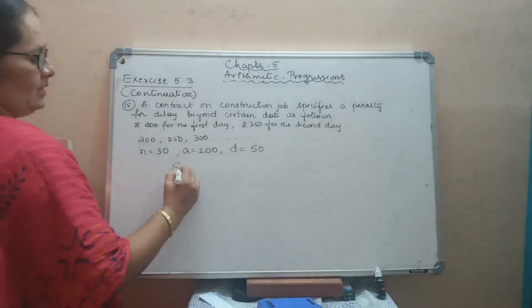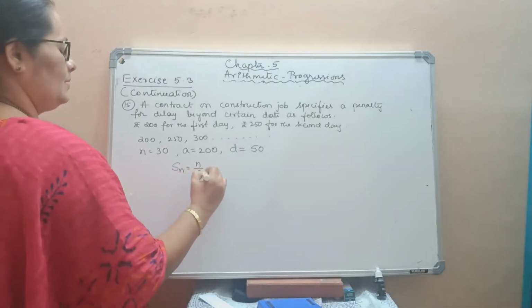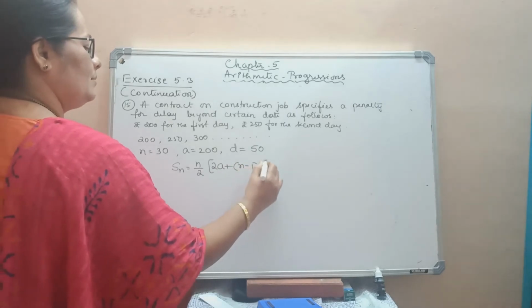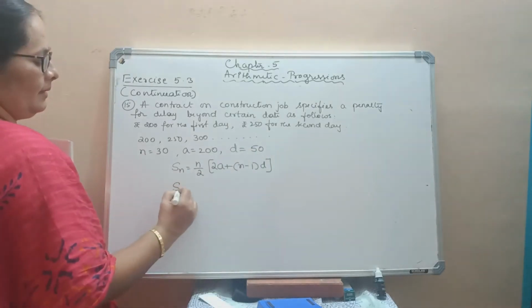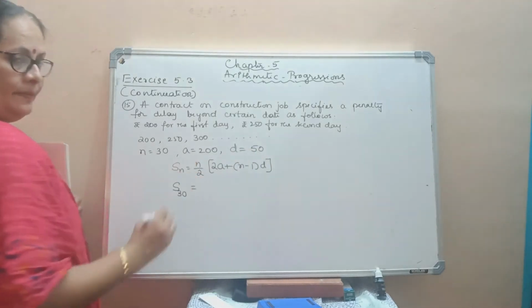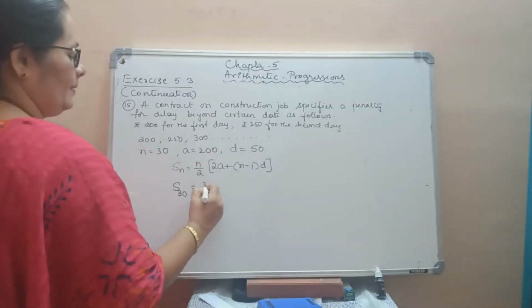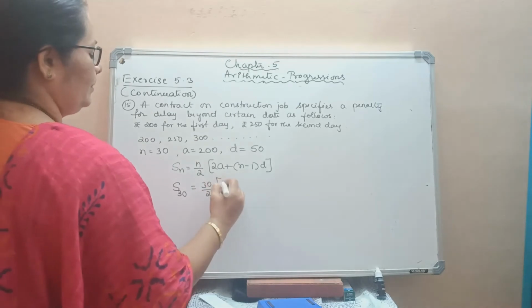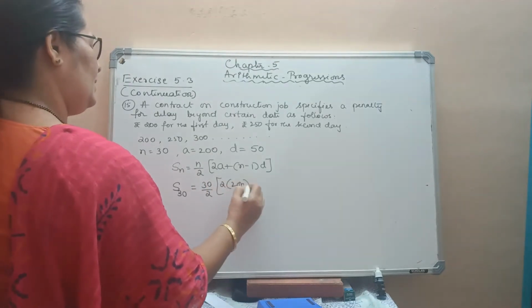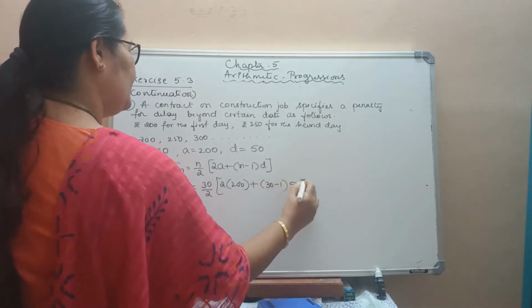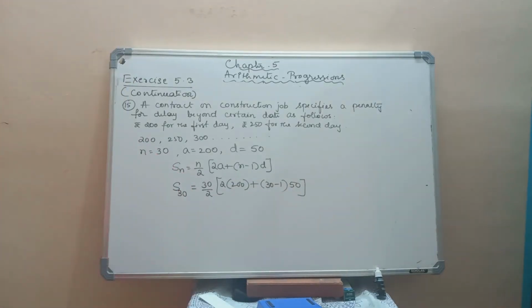Sn equals n by 2 into 2a plus n minus 1 into d. So, penalty for 30 days: 30 by 2, 2 into 200 plus 30 minus 1 into 50. So, this is the penalty paid by the contractor.